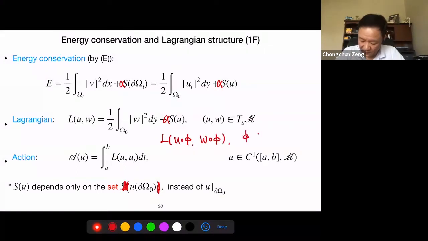Here, phi is a volume preserving transformation associated to the initial domain. So if in the initial domain you relabel the particles in a volume preserving way, and it maps the boundary to the boundary, then the Lagrangian doesn't change, the action doesn't change. So here you have a symmetry. The same group as in the fixed boundary case, that same Lie group acts on the Lagrangian here invariantly.